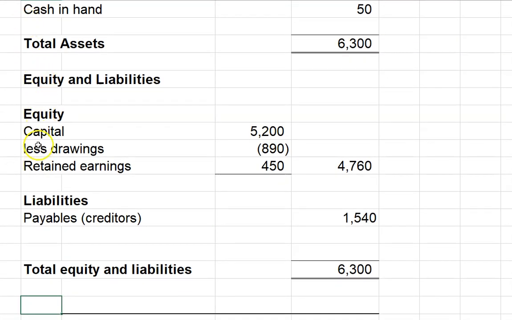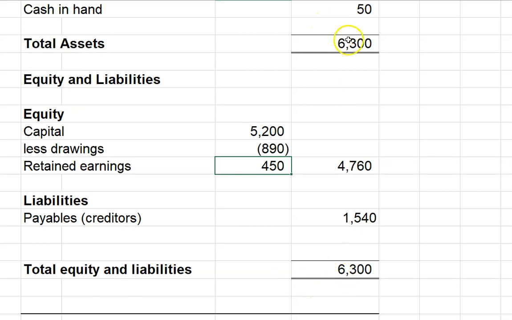Our equity and liabilities then are next. So equity is always these three accounts, capital, less drawings, plus retained earnings, and the retained earnings is the net profit we calculated in Part A in our income statement. And then liabilities are payables, money owed to suppliers or creditors. And you'll note that the total equity and liabilities are 6,300.